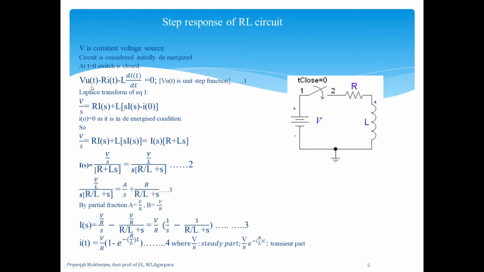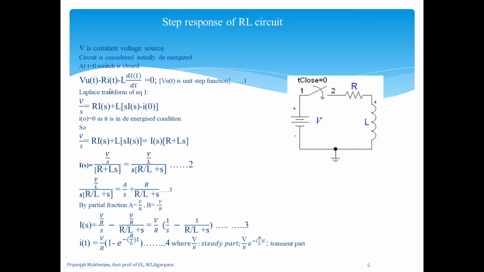So, the governing equation can be written as V u(t), because we are considering the unit step function, minus R i(t) minus L di/dt is equal to 0, and the voltage exists only when the switch is closed, and the voltage is V u(t), that is the unit step function.